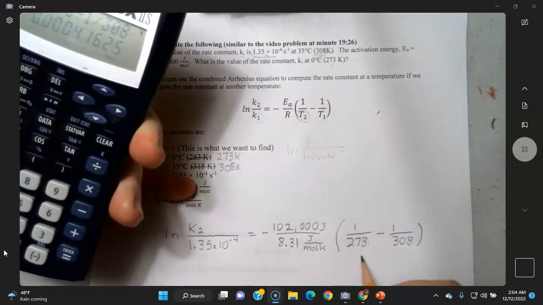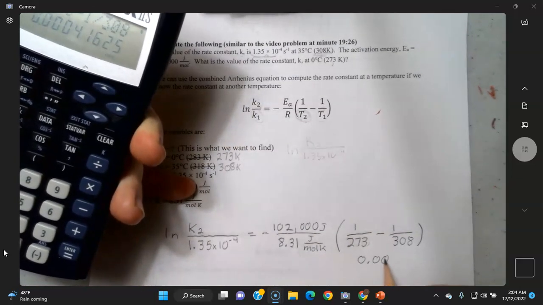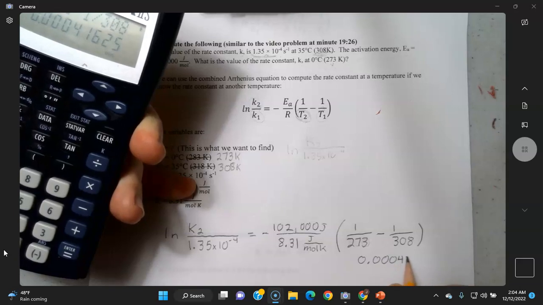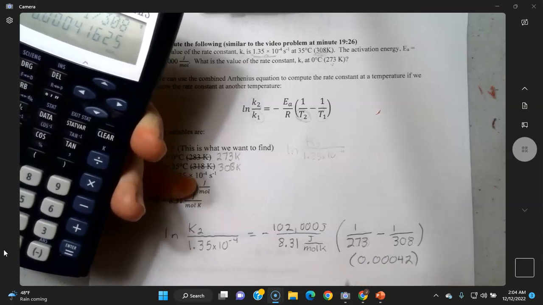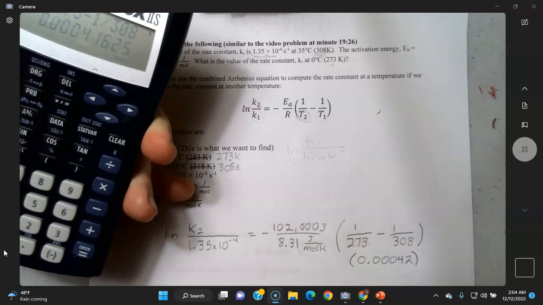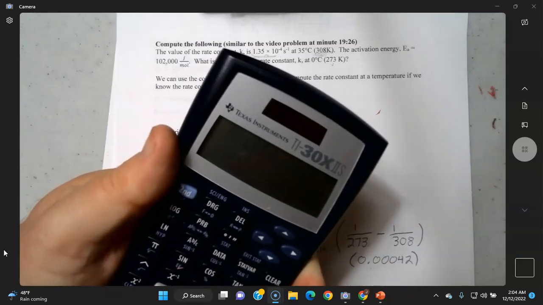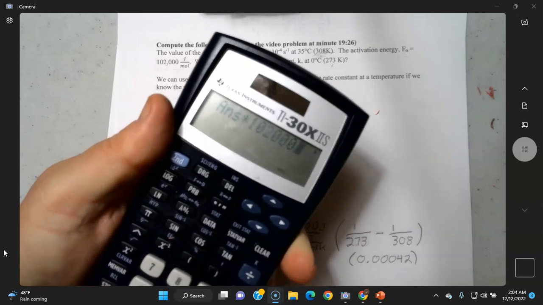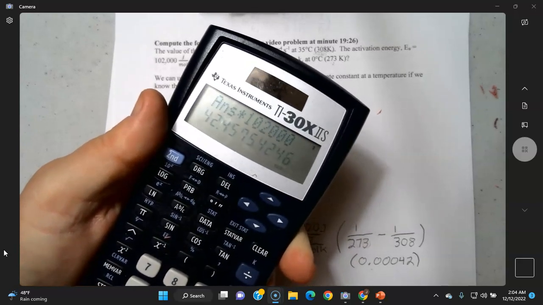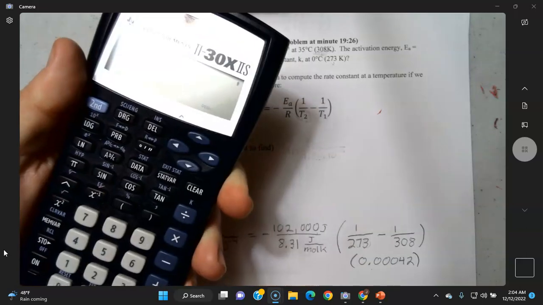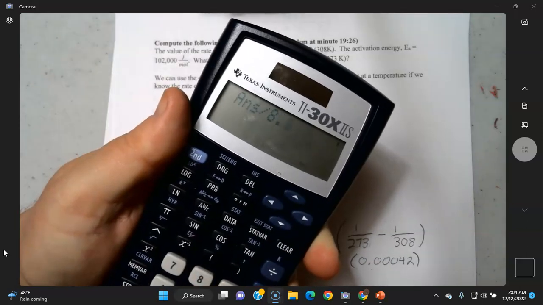0.00042, we'll call it. Okay, times this. So I'm going to go ahead and multiply this times 102,000 divided by 8.31.